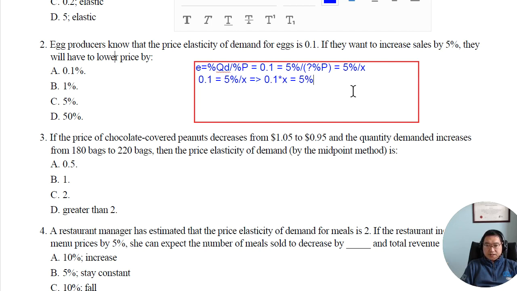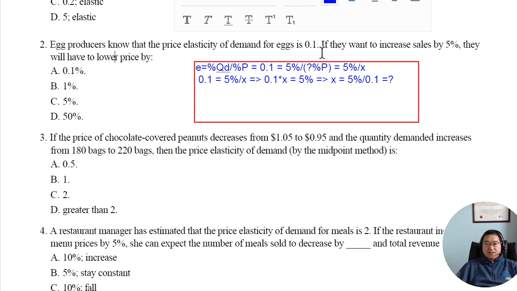Then how much is x? We need to solve for x. x equals 5% divided by 0.1. You do the math and get the answer. The number is actually pretty big. They have to cut their price quite significantly.